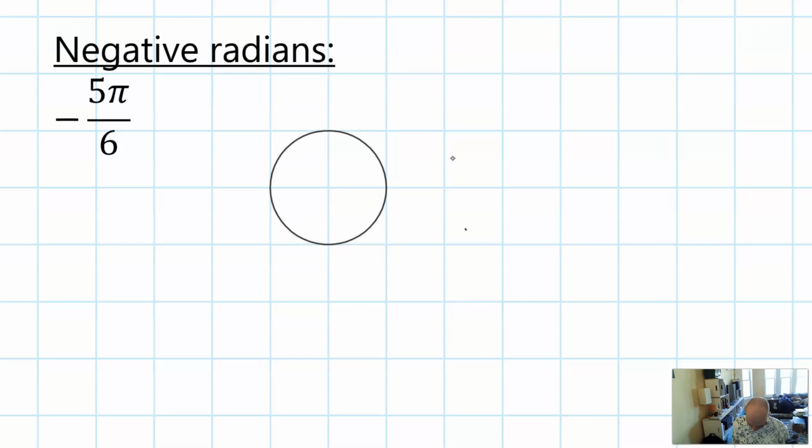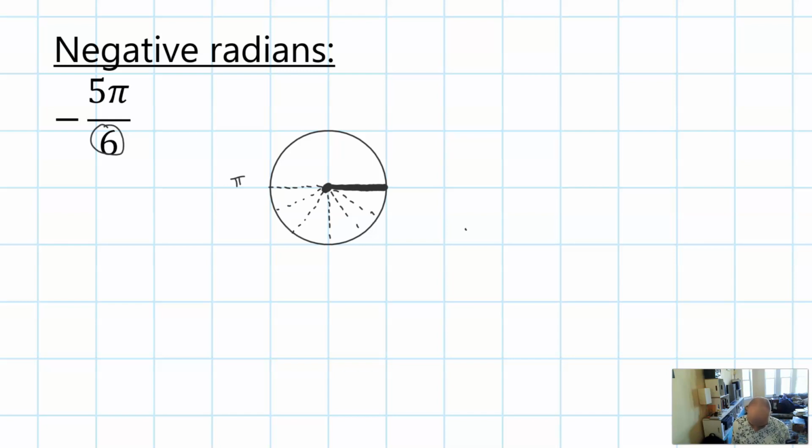I would start with a 0-degree line, and I would determine the denominator is 6, so I'm thinking about chopping a pi half circle into 6 units, except this time I'm going to do the bottom of this half circle.